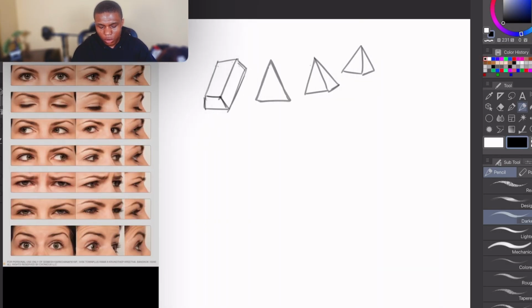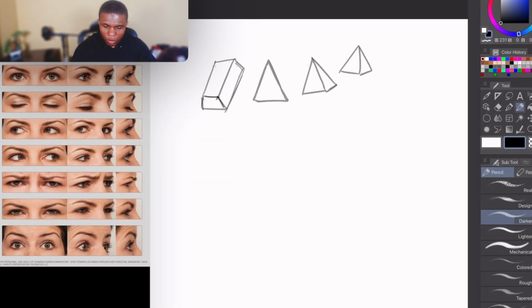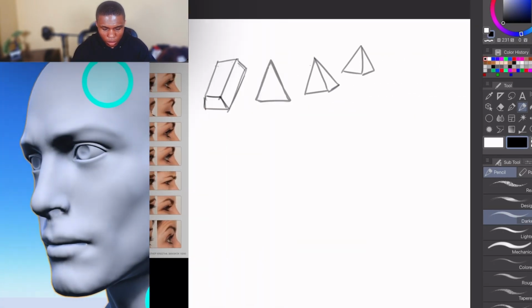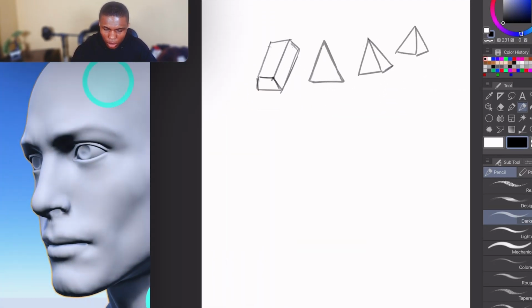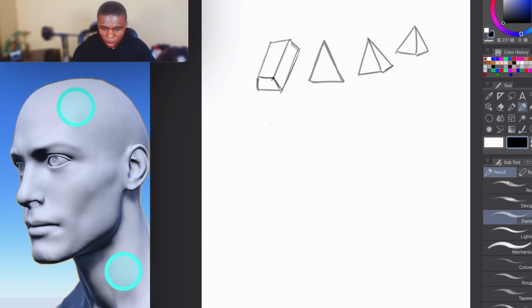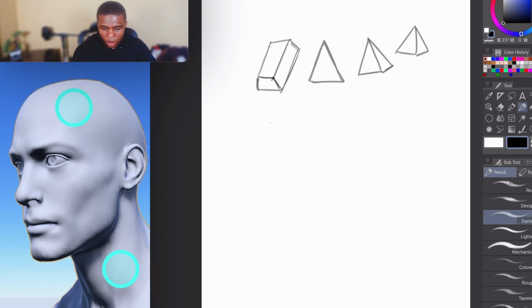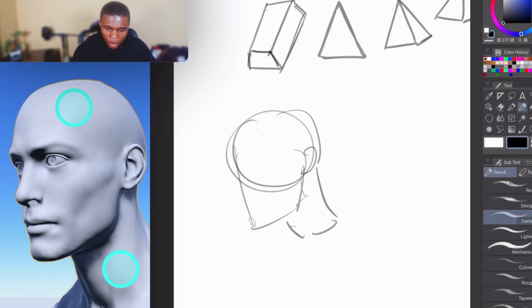So let's say we have our guy over here, and you want to place his head. And let's say if you're a total beginner, this can help, because I can just draw this and get his face right, and then I can just put this pyramid or this triangle over here like this, and I've gotten his face.